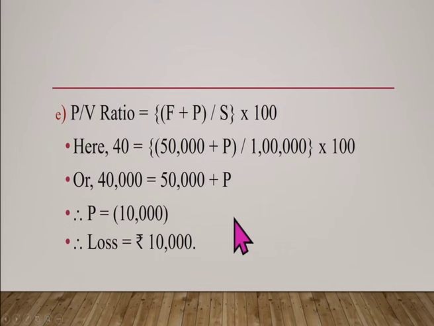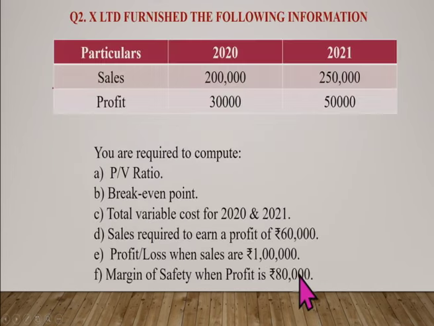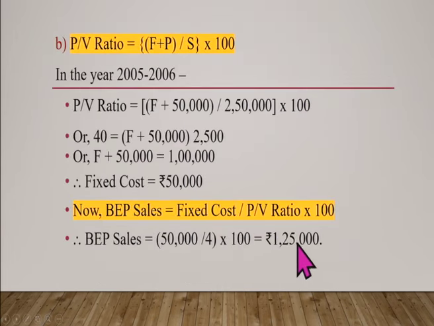And next one is the margin of safety. When the margin of safety is asked, profit is equal to 80,000. See here, margin of safety we can calculate directly with the help of these 2 years data. Generally, sales minus break even sales, which we already calculated in point B, that is 1,25,000.